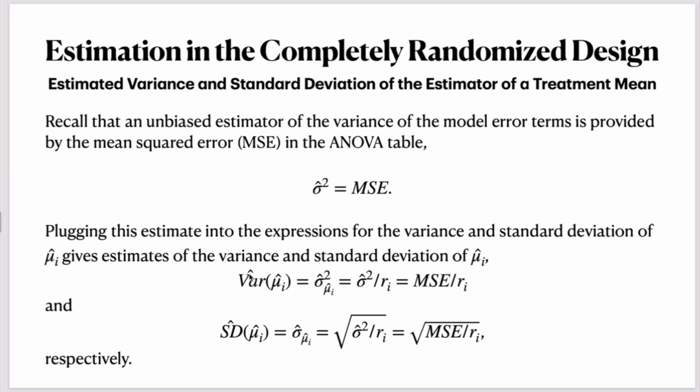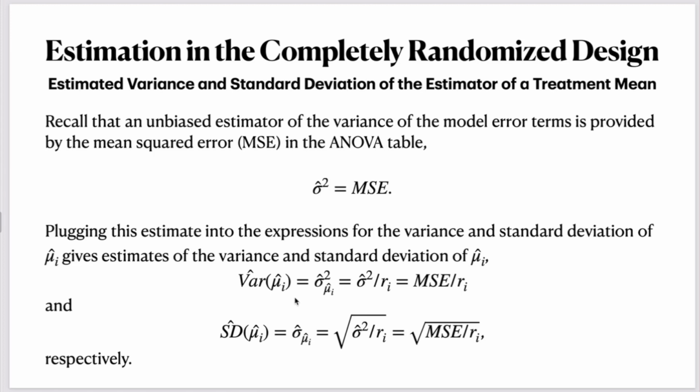Notice that I put a little hat here on top of the variance. All right, so the estimated variance of mu hat sub I. And I'm also going to denote it this way. I put a hat on the sigma squared sub mu hat sub I. All right, and so there are a couple different ways that we're going to denote that.